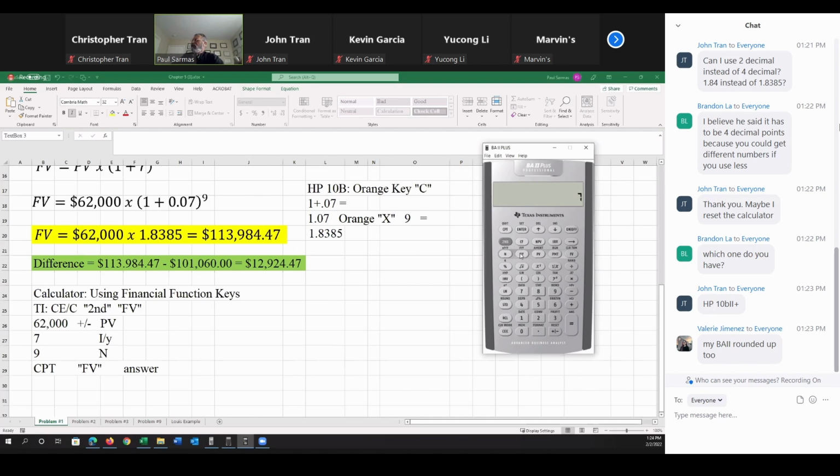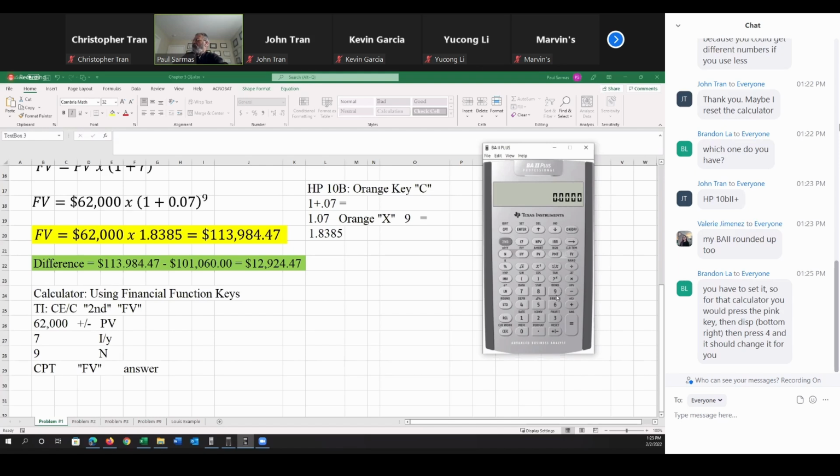Then you press 7 I/Y, and then 9 N. Okay, I screwed it up, sorry. One more time. 62,000, change sign, present value, 7 interest, 9 N, and compute CPT, compute FV, future value. Notice that's your answer.